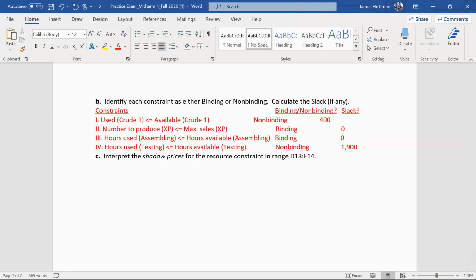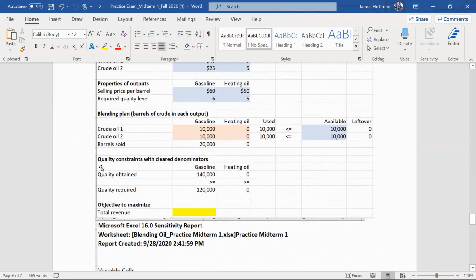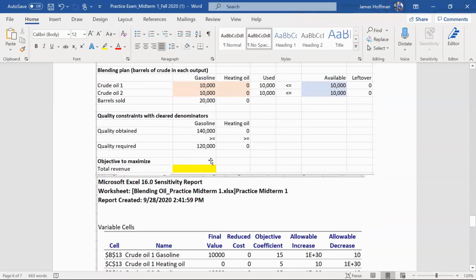Okay, and then the other constraint is the quality constraint. So the quality obtained for both types has to be greater than or equal to the quality required.